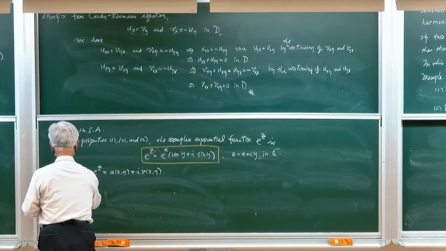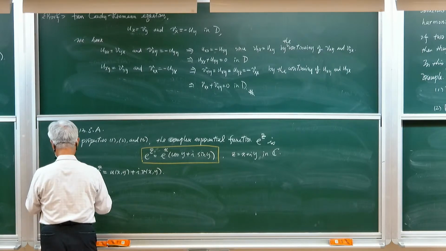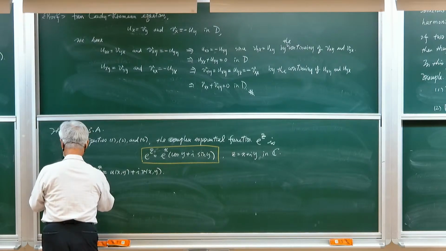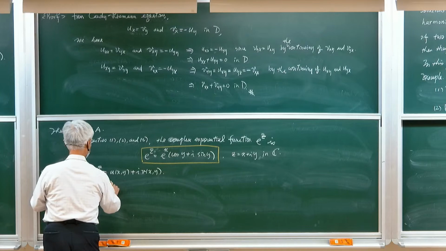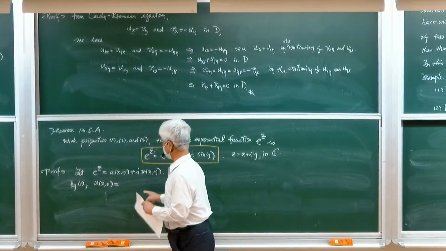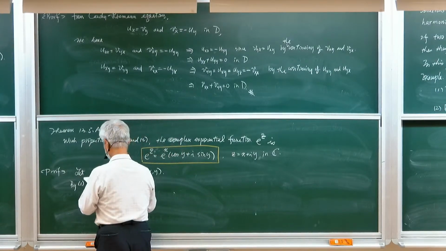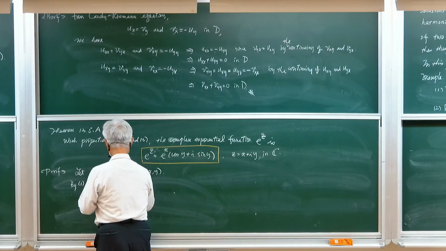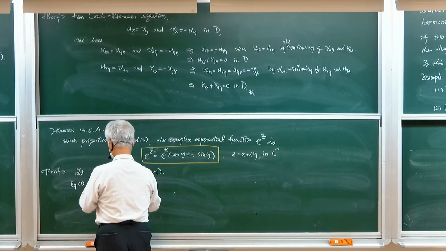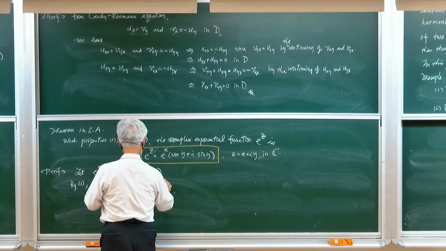And by 1, we know that U(x,0) is equal to e^x, and V(x,0) is equal to 0.